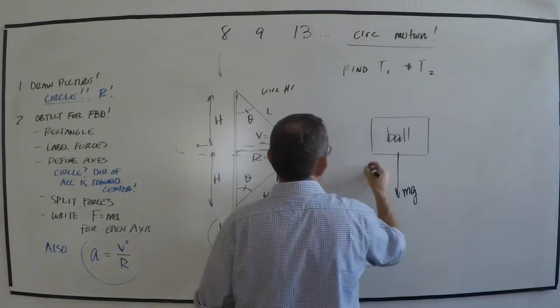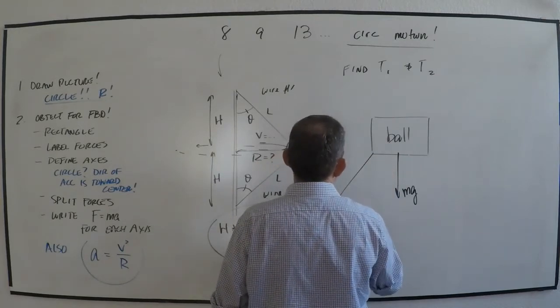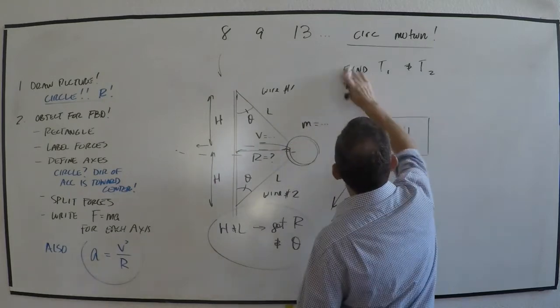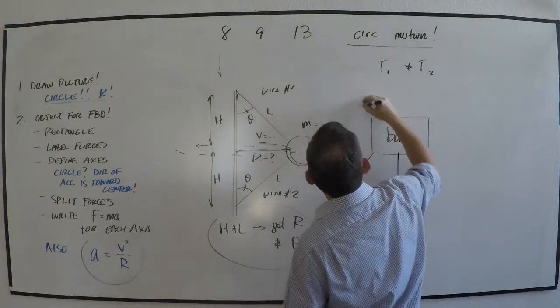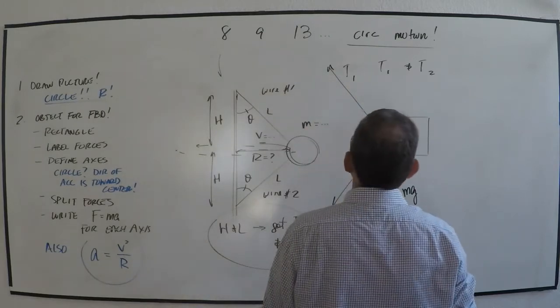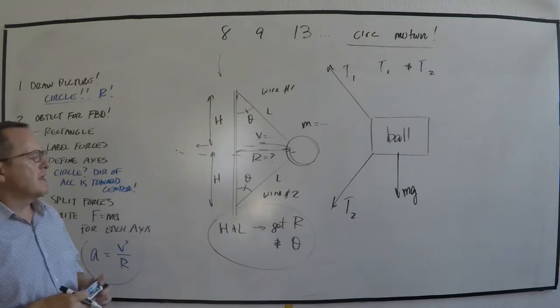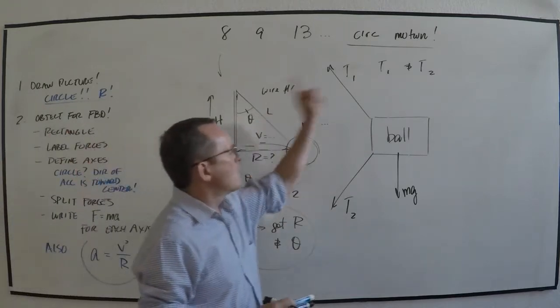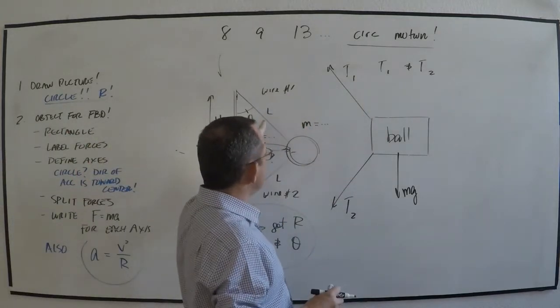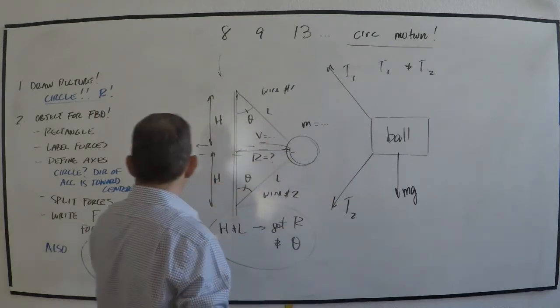So I'm going to go here. This is going to be T2, and I'll go up here. That's going to be T1. You should be pretty good at doing free body diagrams, and they're very simple. Rectangle, draw forces, gravity, anything touching. That's it.